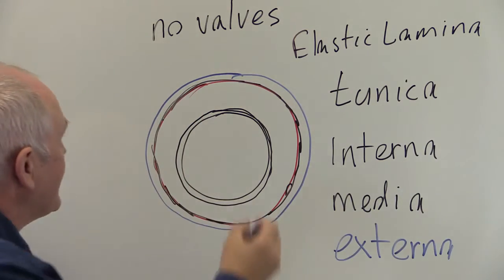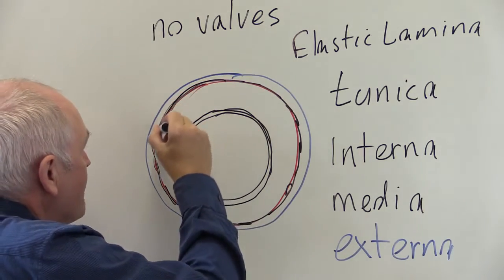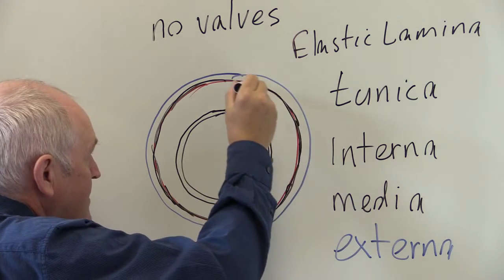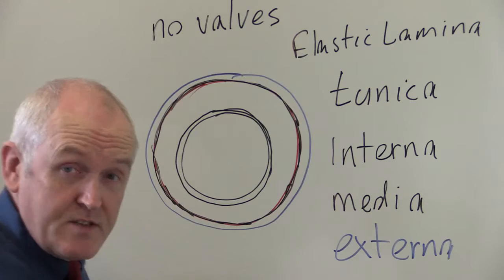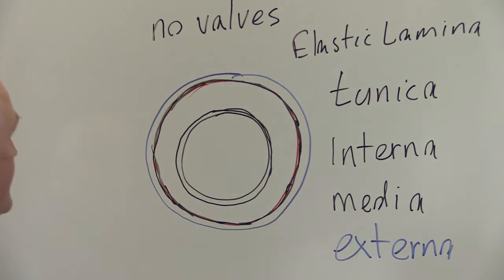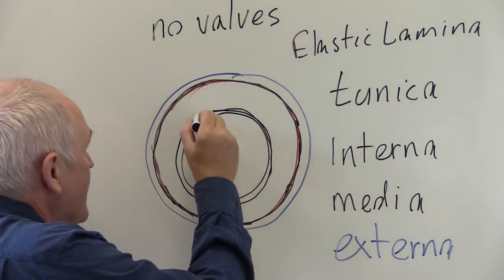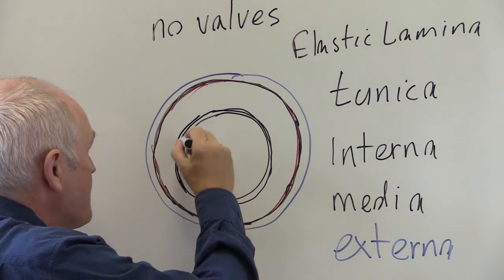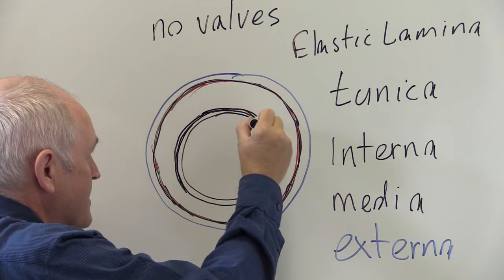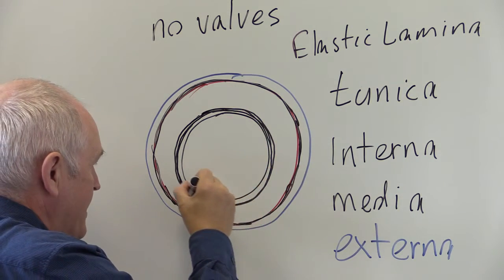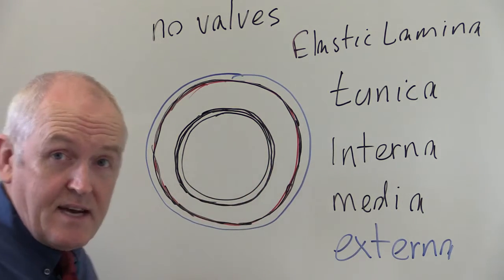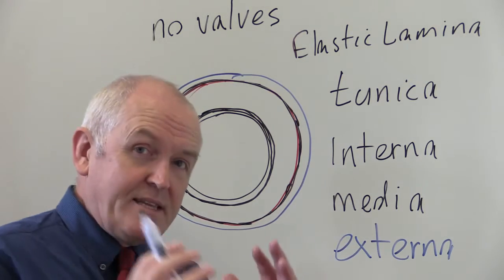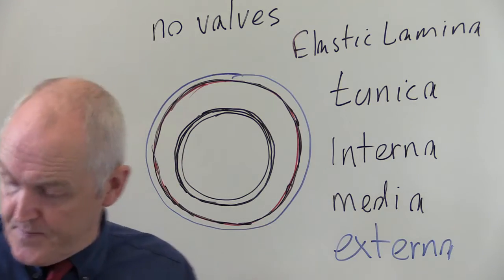So there's an external elastic lamina around about there, like that. And then in the larger arteries, especially, this is well differentiated, there's another elastic lamina on the inside of the tunica media round there, the internal elastic lamina. And this is made, as the name would imply, made of elastic tissue to make the arteries elastic.